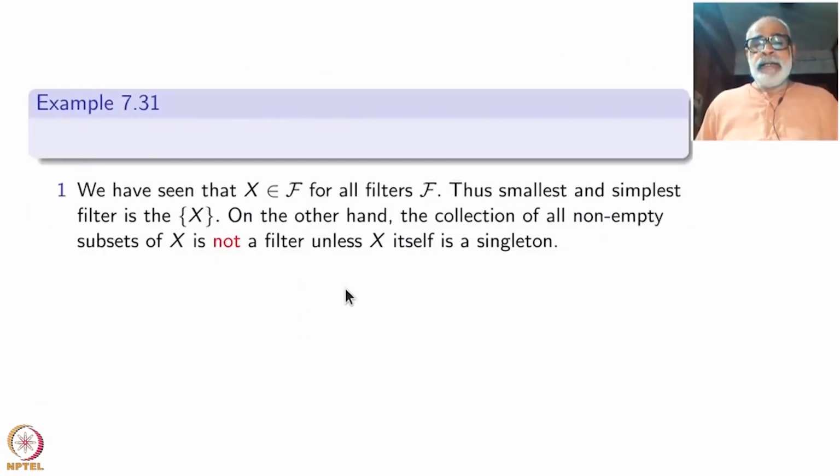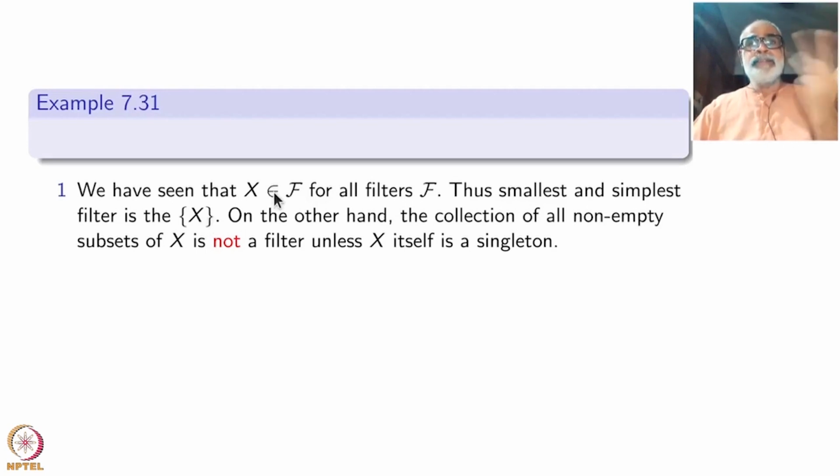We have seen that the total set X is there for all filters F in X. This implies that the smallest and simplest filter is the singleton {X}. You just take singleton X, of course X should not be the empty set.